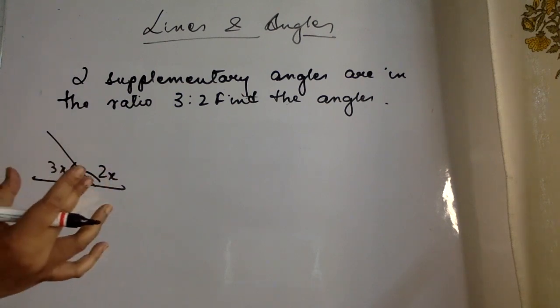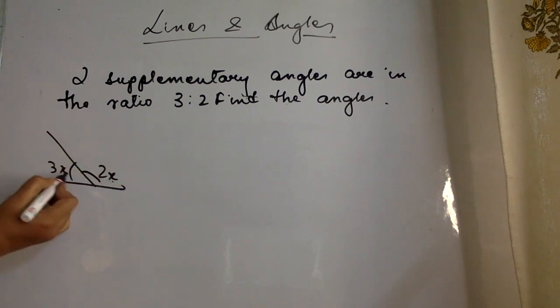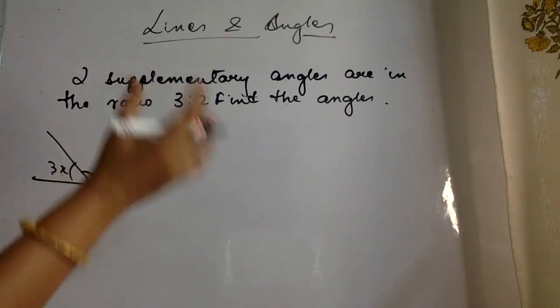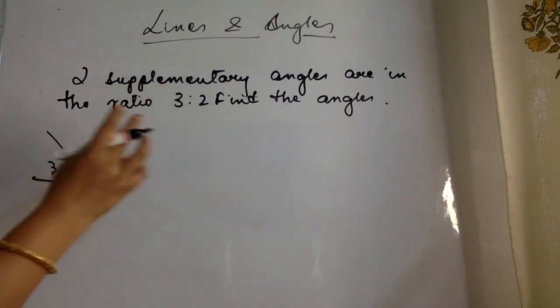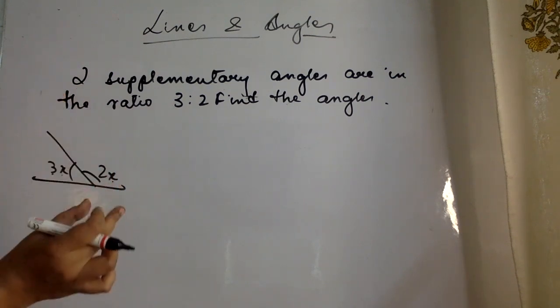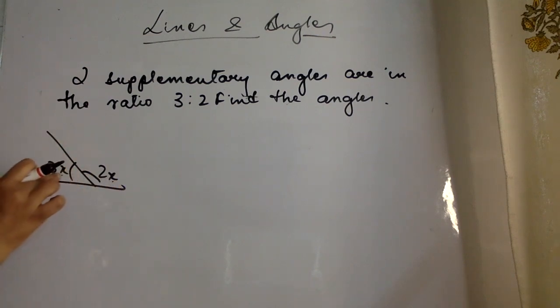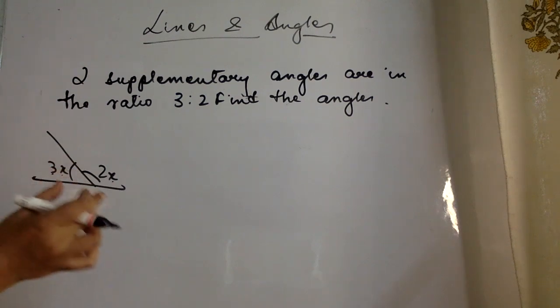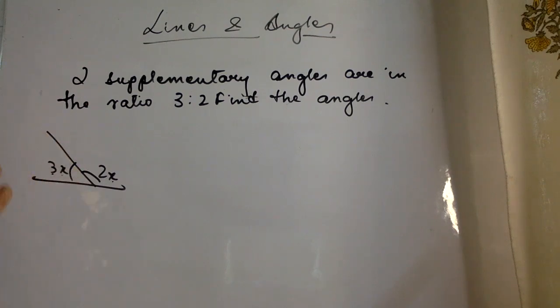Whenever we take ratios, we use a common multiple, because otherwise it was just a ratio. I can't say 3 plus 2 is equal to 180. But when I say 3x plus 2x is equal to 180, 3x becomes my angle and 2x also becomes my angle. Otherwise 3 and 2 were just ratios. So on multiplying with the x, we are giving back the factor that we had lost on making ratios.